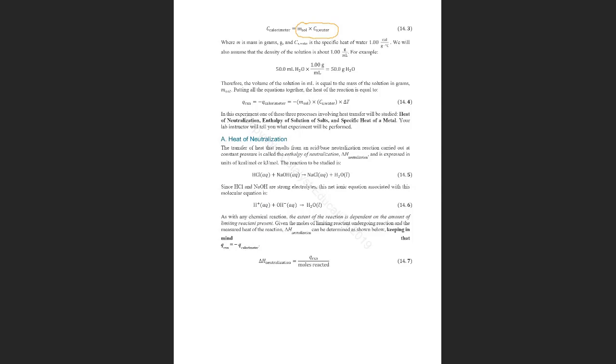And what they are teaching us here is that the mass is in grams, and when we say we mix 50 milliliters of water, we need to assume that the density is 1, so 50 milliliters is going to be 50 grams. But we'll see that when we do some practice problems. So they're saying that the volume of the solution in mL is equal to the mass of the solution.